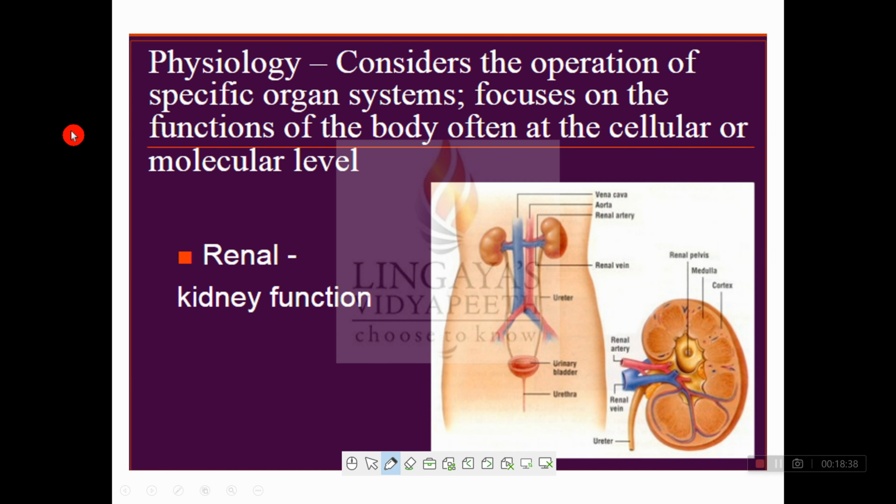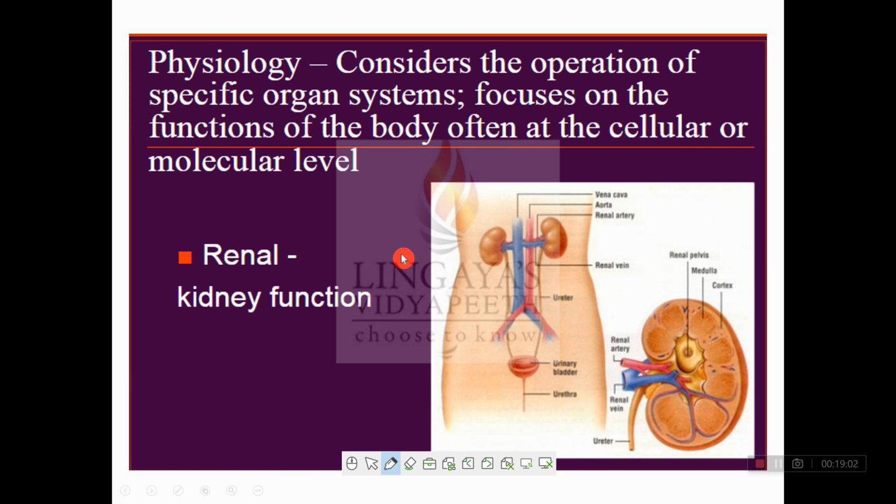Moving on. Now, what is physiology? Physiology considers the operation of specific organ systems, or I can say that physiology focuses on the functions of the body, the functions that are performed by the different internal structures of the body.